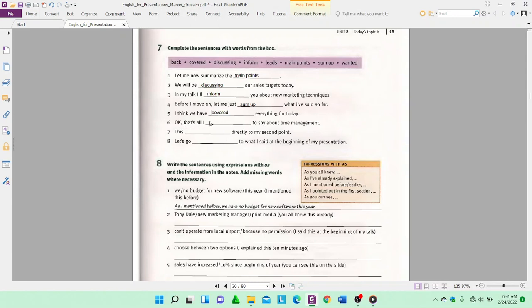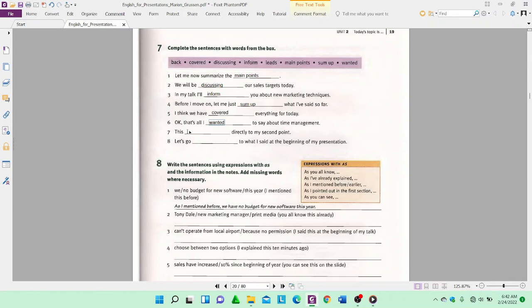That's all I blank to say about time management. Exactly, that's all I wanted to say about time management.